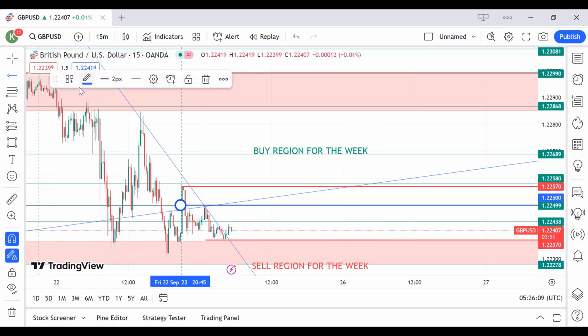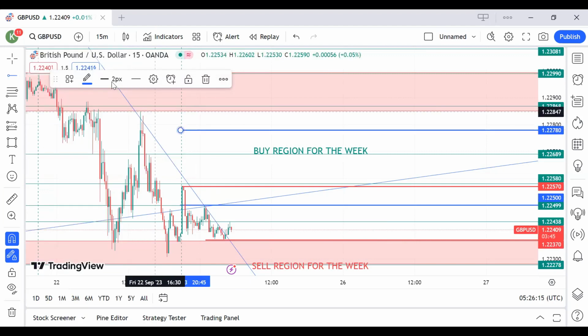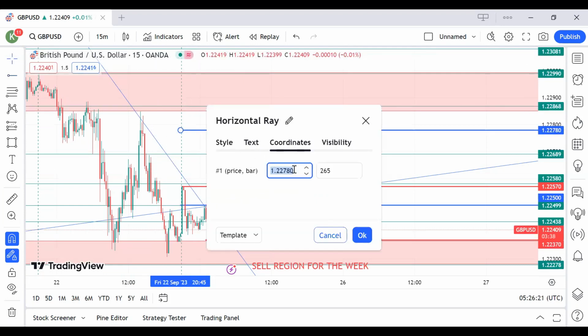Okay, so since I've been able to identify that, going upward, all I need to do is add 5 to the previous 1.225, which will give me what? 1.230.